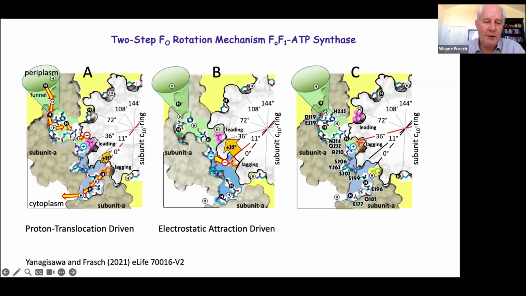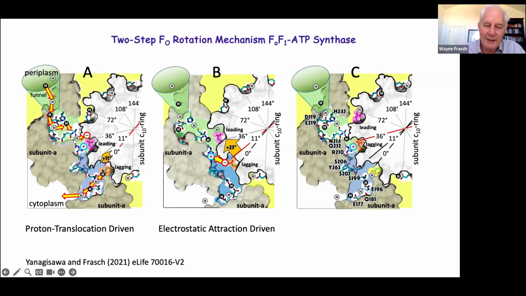We did this in E. coli, which has a C10 ring, so it moves 36 degrees for each C subunit that moves a proton. The proton translocation event only moved it 11 degrees. That was enough to take a proton out in the lipid phase and move it in here, and we could get energy from that, because once you get a negatively charged carboxyl, it wants to be excluded from the lipid phase. That moves it the 11 degrees.